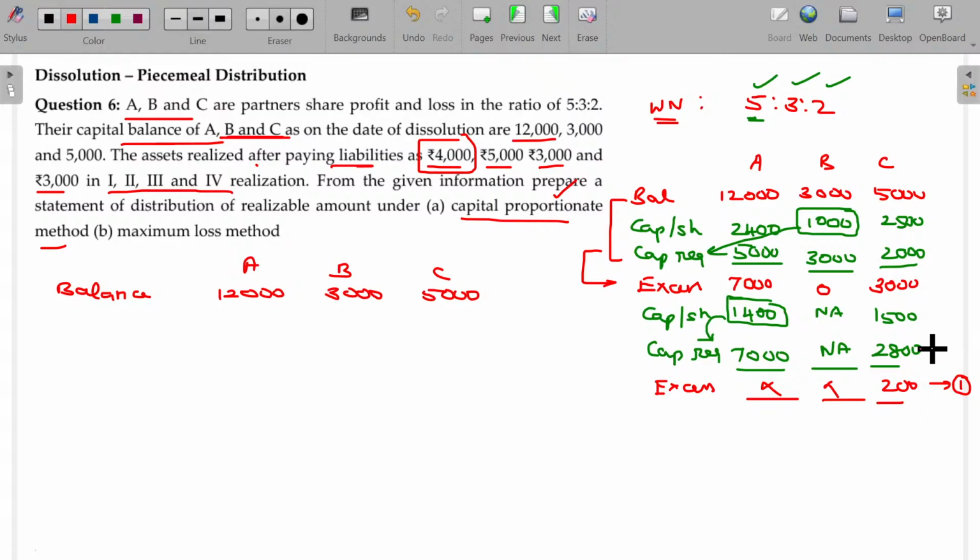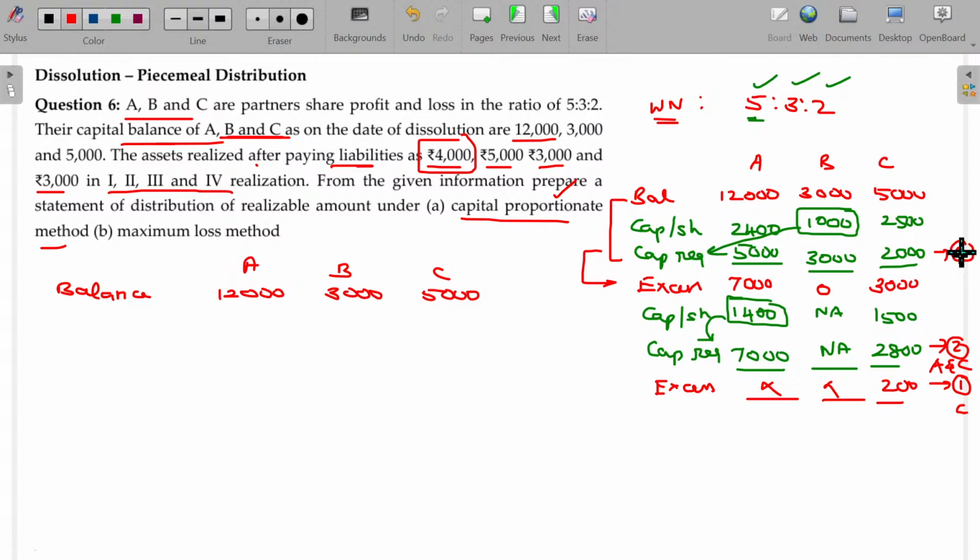Second, to this extent, you have to make the payment to A and C. First 200 rupees, you have to pay only to the last partner C. After paying the 200 rupees, A and C will have the capital equivalent to their P/L ratio. So hereafter any surplus you get will be payable to A and C as per their own P/L ratio, 5:2. After this payment, 7,000 and 2,800 is closed and the final payment is this one.